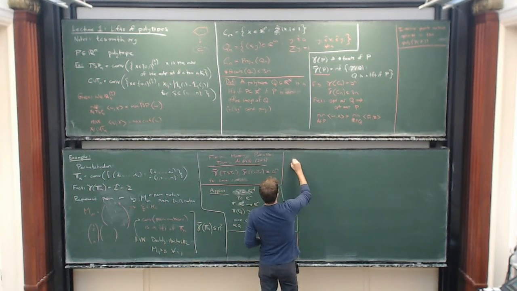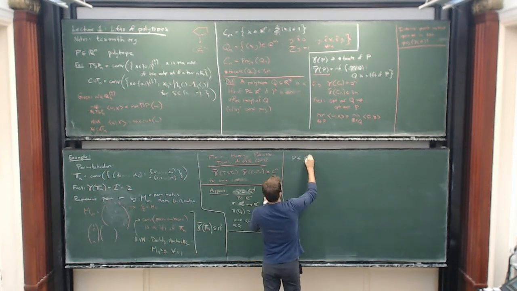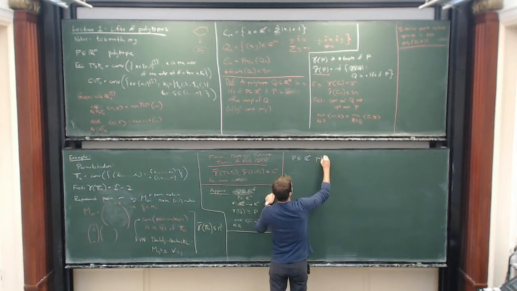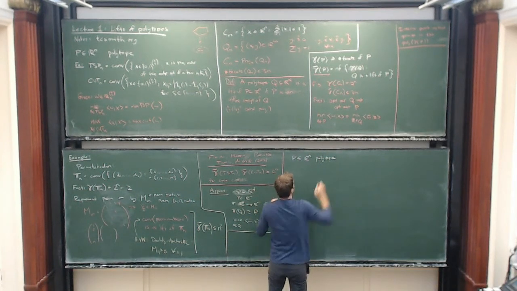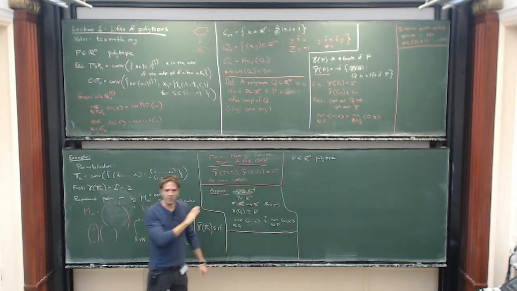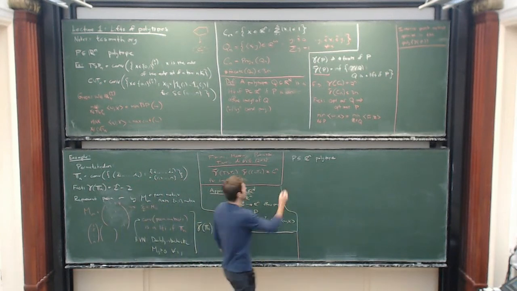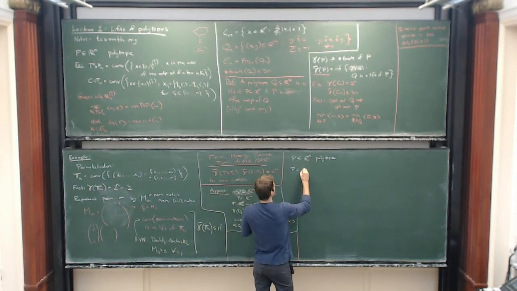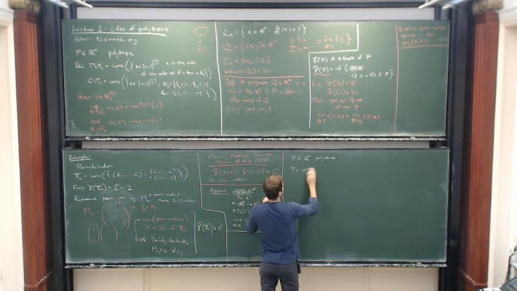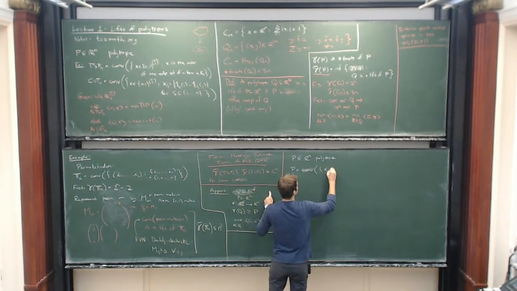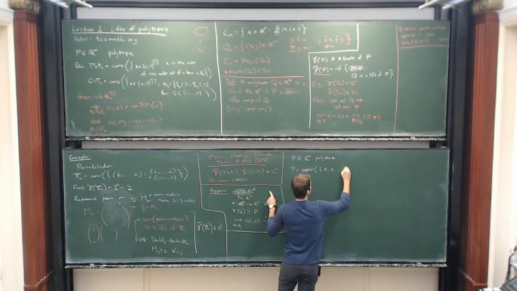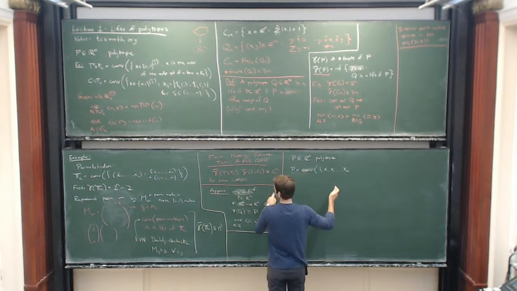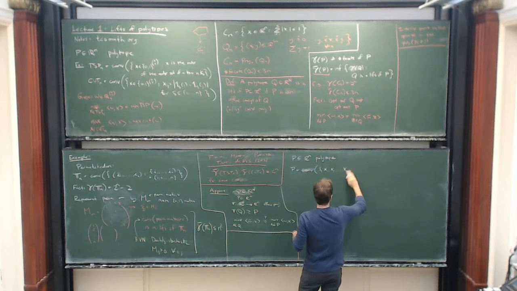Okay, so again, let's fix a polytope P, and we can write a polytope in two different ways. First of all, we can write it as a convex hull of its vertices, say of T points. This capital N is not the same as the other capital N, so let's use a different letter; little n is the dimension.